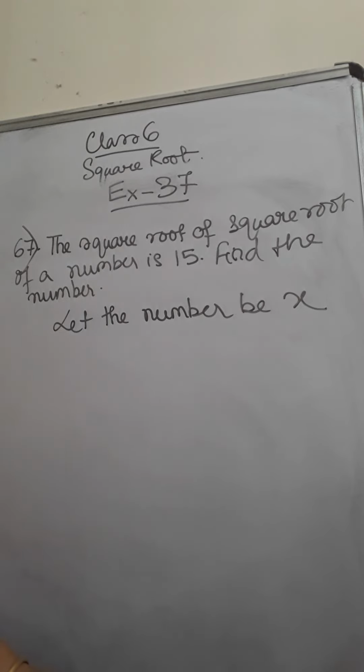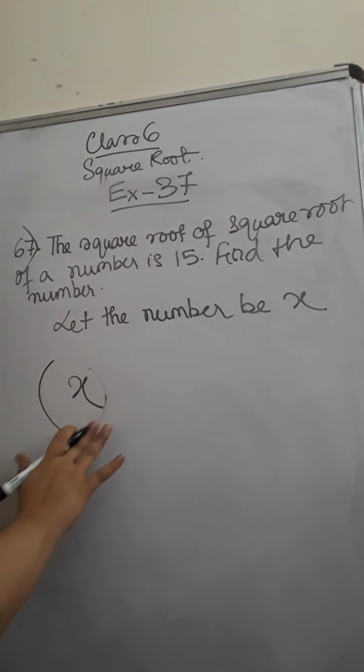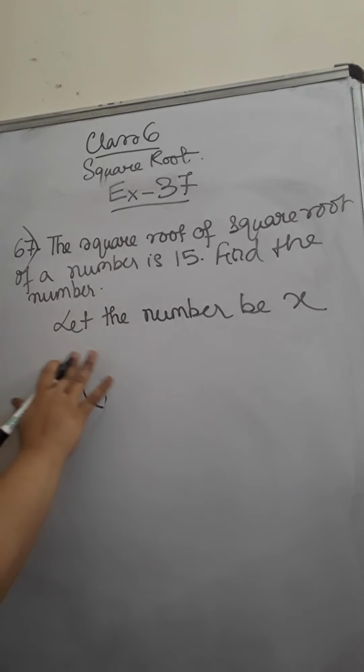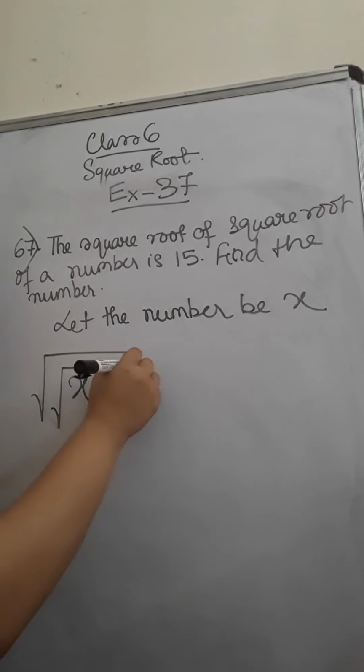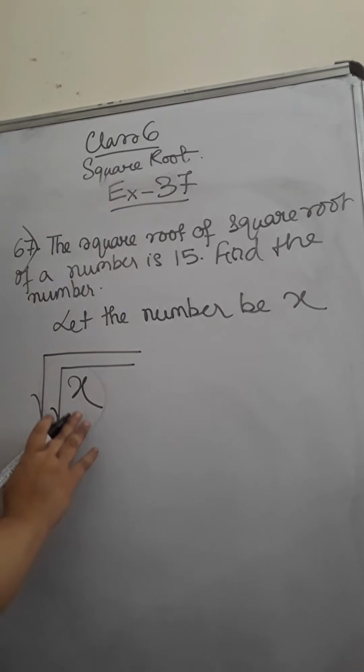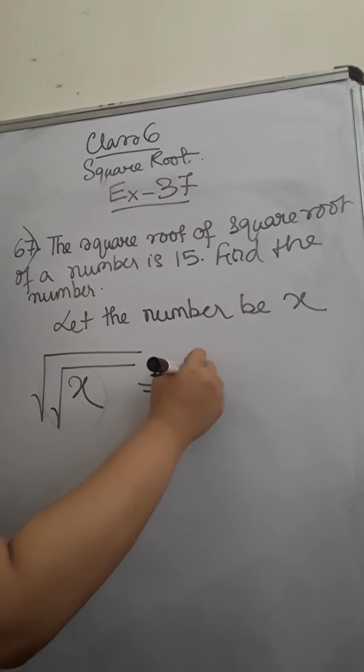What is given? The square root of a number is 15. So the square root of this unknown number is given as 15.